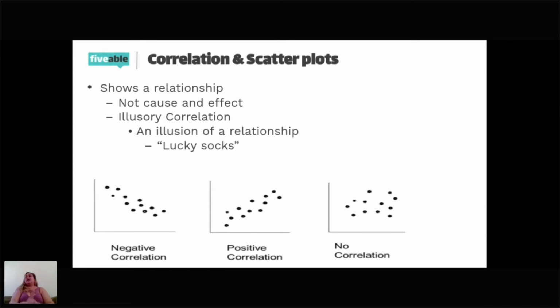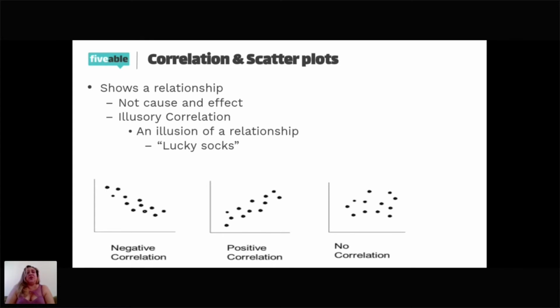If you see the word illusory correlation, what that is, it's just a fancy way of saying an illusion. You guys know what an illusion is, right? So let's say, anybody play a sport? When you take a test, do you have a little ritual you do?